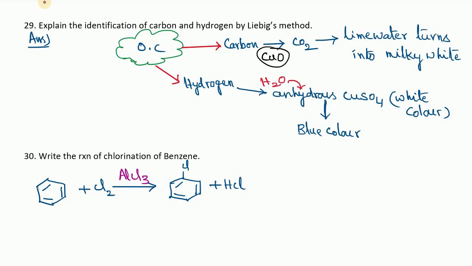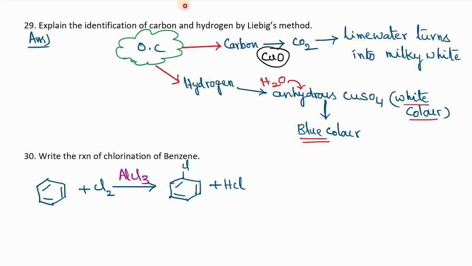Right, anhydrous copper sulfate, which is in white color, will be converted into blue color. Copper sulfate is in blue color. Anhydrous means without water. When you add water to this anhydrous copper sulfate, it will be converted into blue color. By this way, we can identify that hydrogen is present.